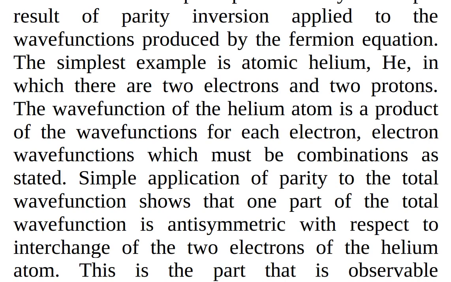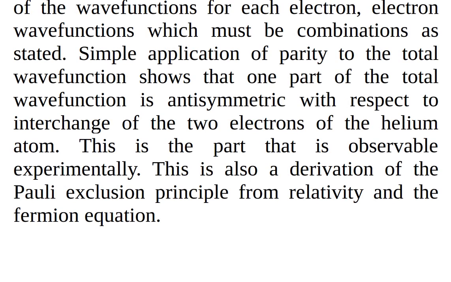Simple application of parity to the total wave function shows that one part of the total wave function is antisymmetric with respect to the interchange of the 2 electrons of the helium atom. This is the part that is observable experimentally. This is also a derivation of the Pauli exclusion principle from relativity and the Fermion equation.